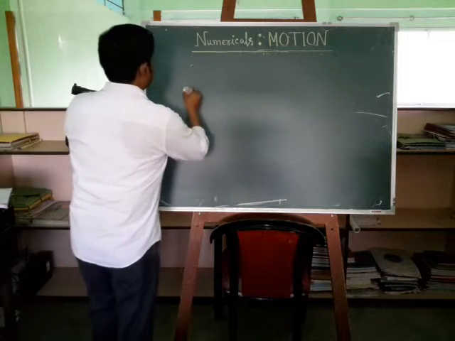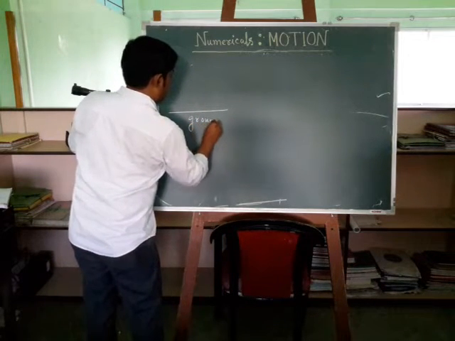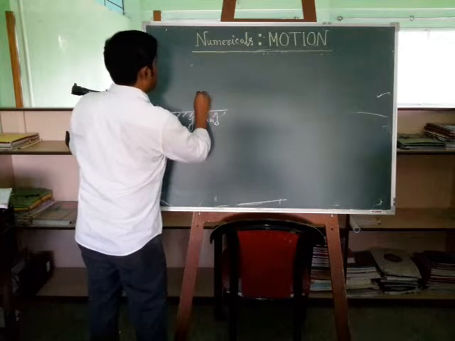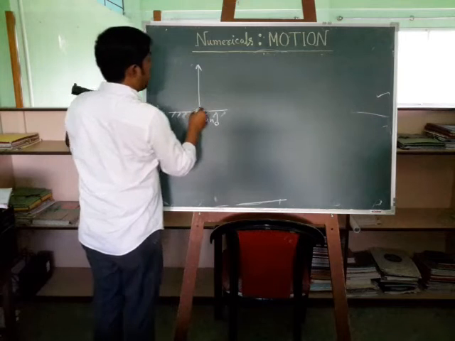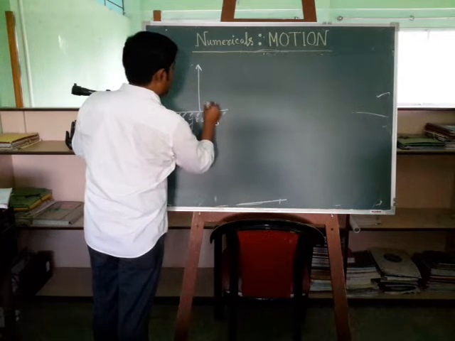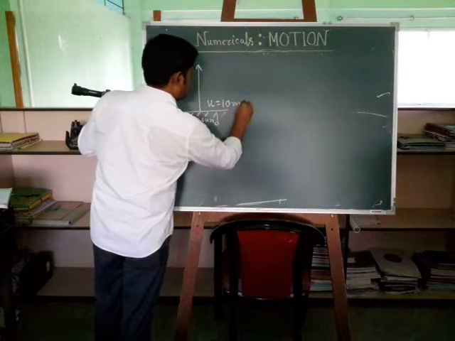So the next problem is, this is our ground, suppose that is our ground. A stone is thrown vertically upward with the speed 10 meter per second. So initial speed of the stone is 10 meter per second.